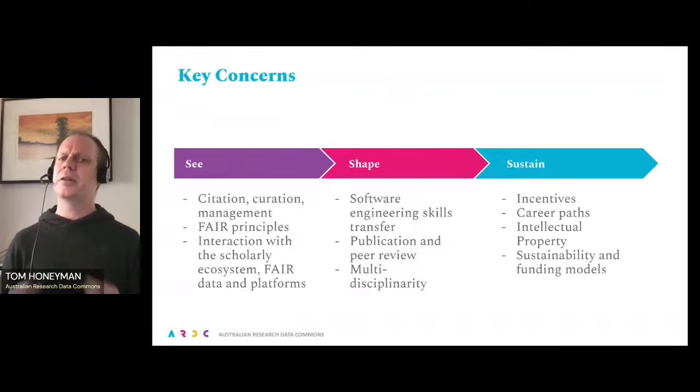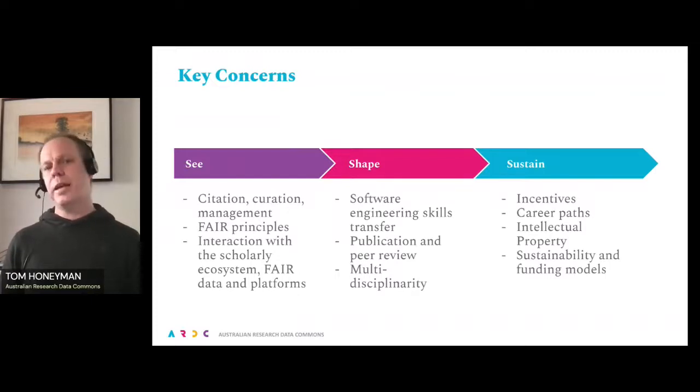And then each layer in the framework neatly clusters some of the key concerns repeatedly put forward by the community. For instance, to see research software, we need to focus on citation, curation, management, the application of FAIR principles, and more generally, the integration or the interaction with the scholarly ecosystems or publications in particular, FAIR data, and platforms.